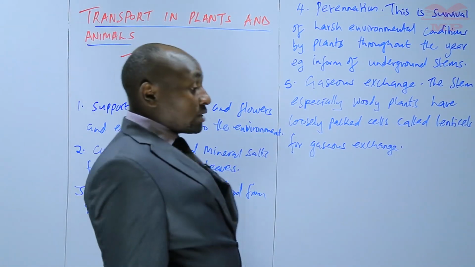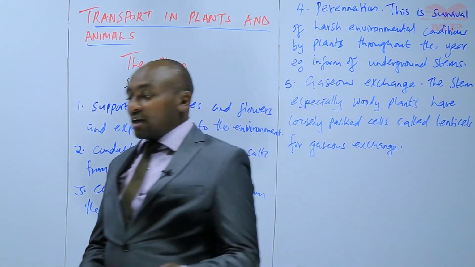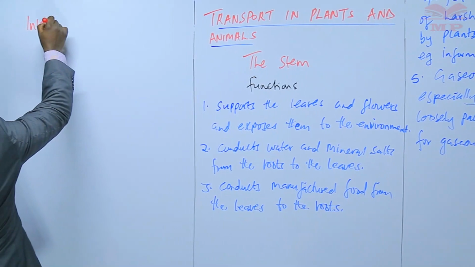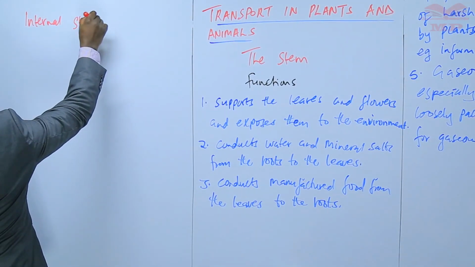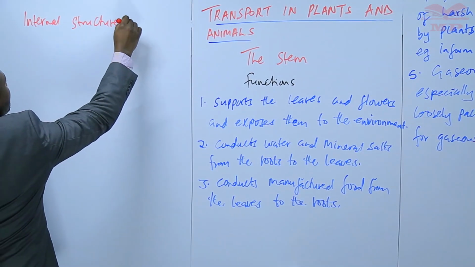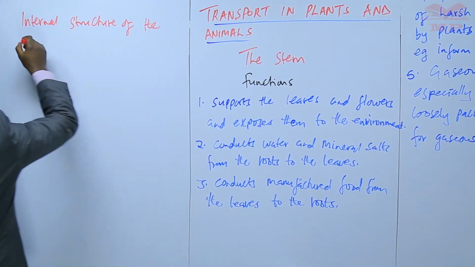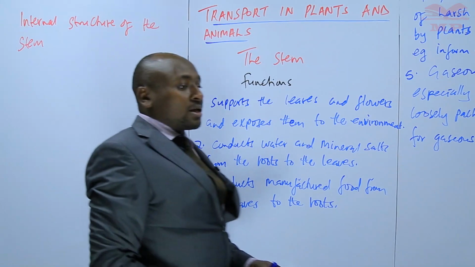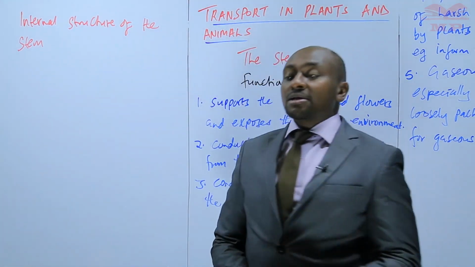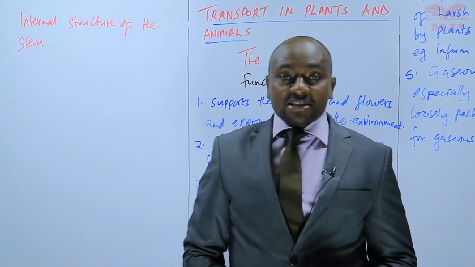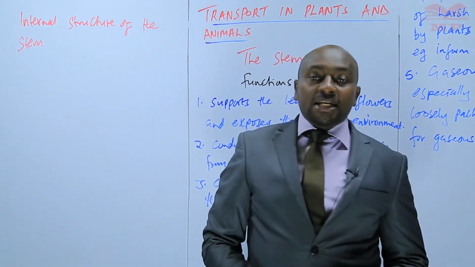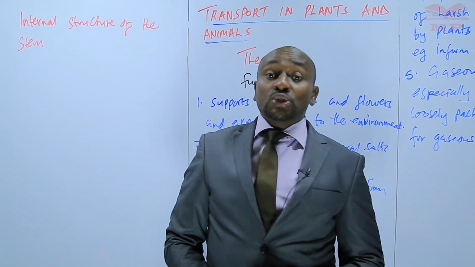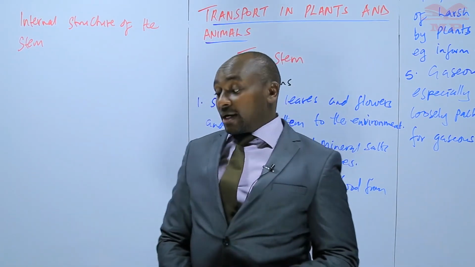The next thing that I want us to look at is the internal structure of the stem. On this, we are going to have two diagrams, one showing the transverse section through a monocotyledonous stem, and another one showing a transverse section through a dicotyledonous stem.